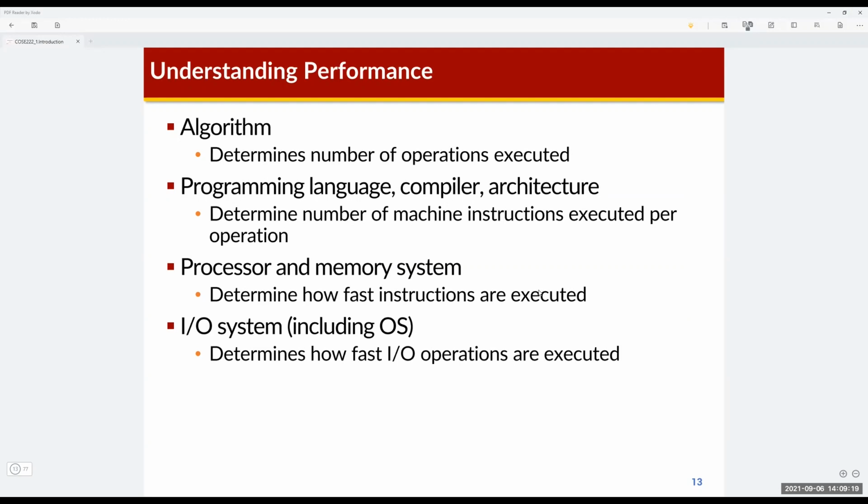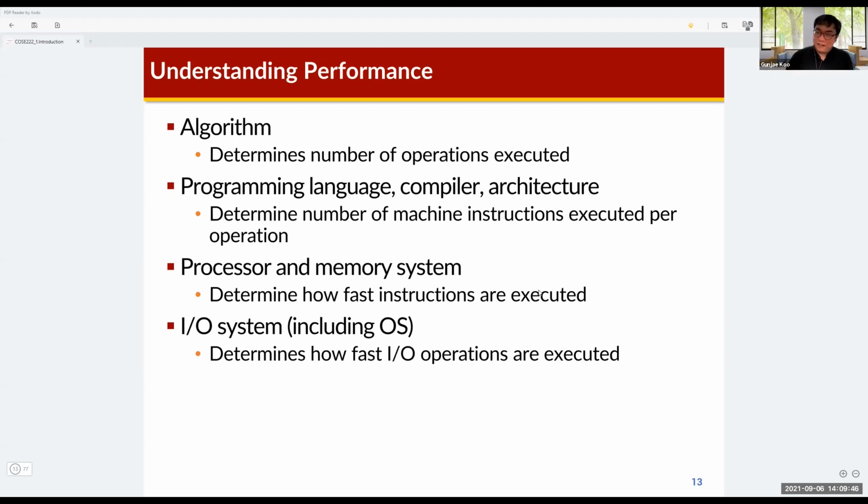Okay, let's start today's class. Let's just focus on the performance of computer systems. What is performance? Usually performance means speed. We frequently say, oh, this computer is faster than that computer. So we just focus on faster, right?